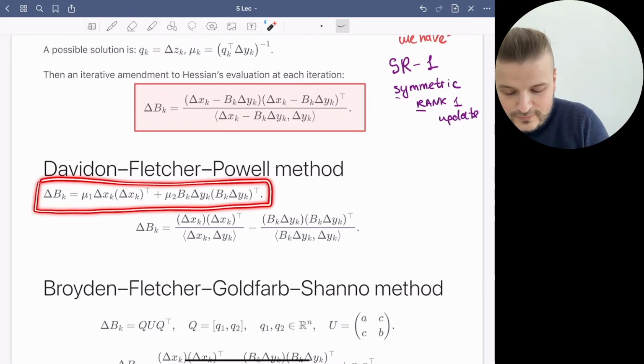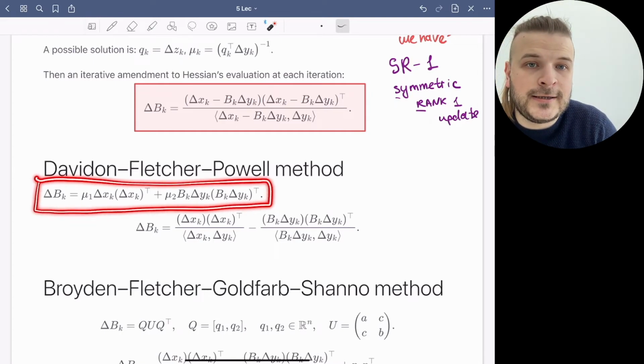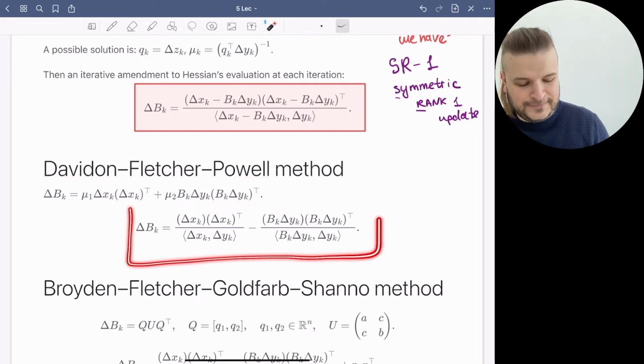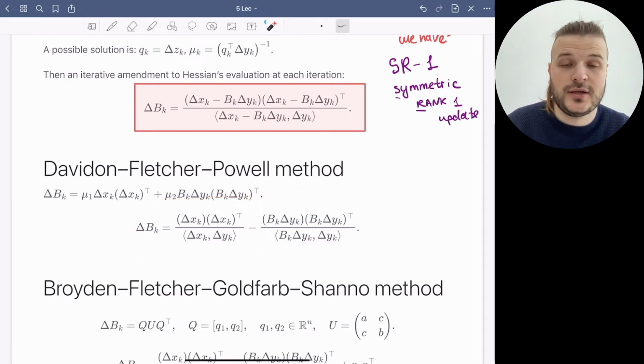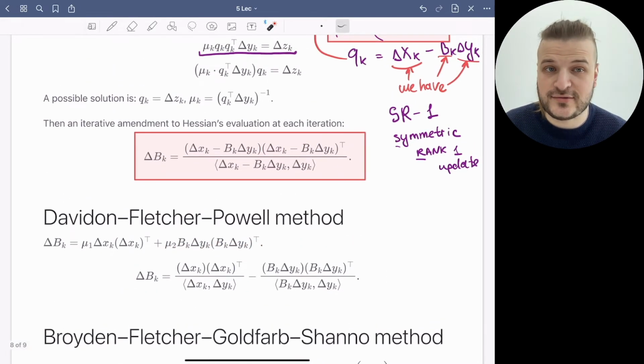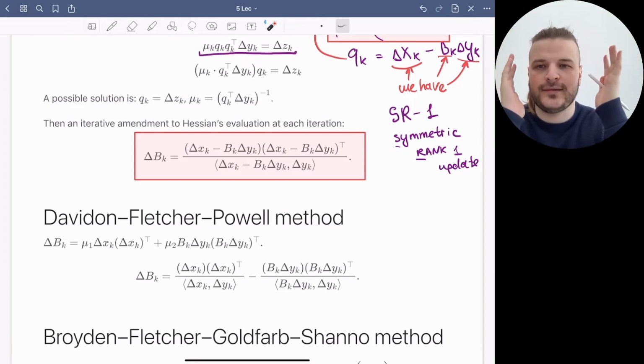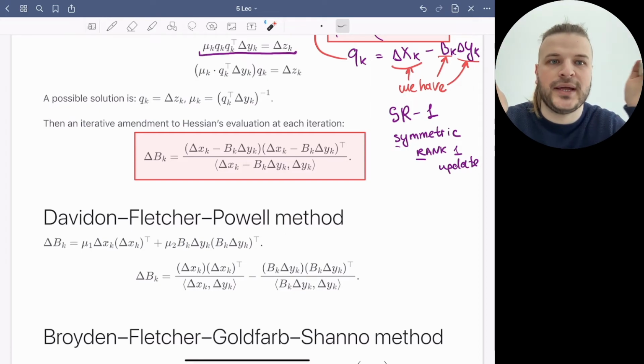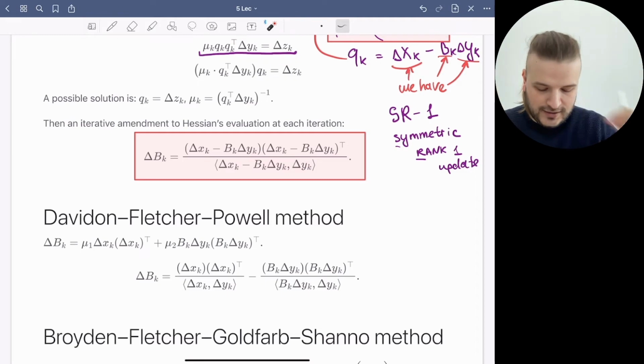And interesting that, if you say let's find the update in this form, you can repeat the previous ideas completely, and you'll receive the general form for the Davidon-Fletcher-Powell method, DFP.